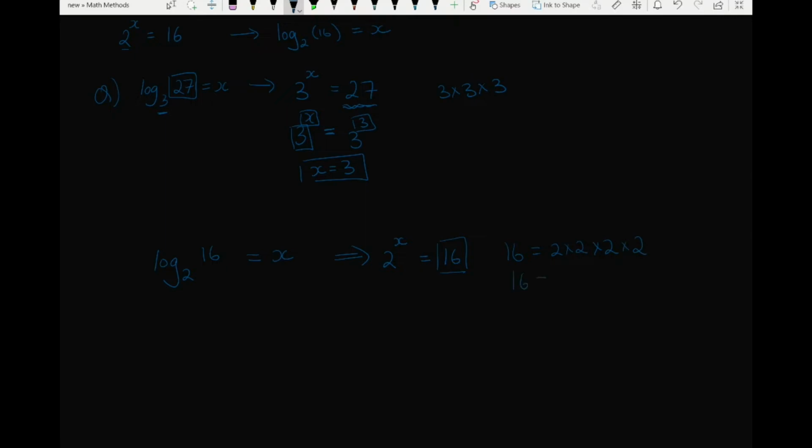So 16 is really 2 to the power of 4. So we can write this as 2 to the power of x equals, now 16 can be written as 2 to the power of 4. Now because both our bases are 2, we can let the powers equal each other. And we can say that x equals 4.